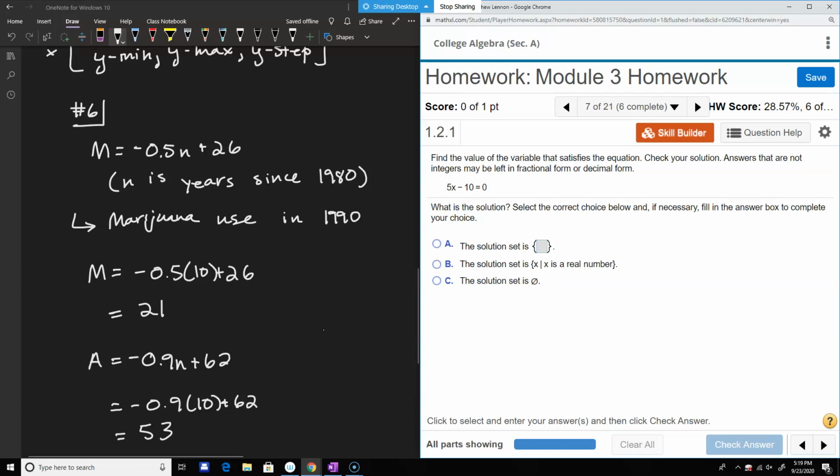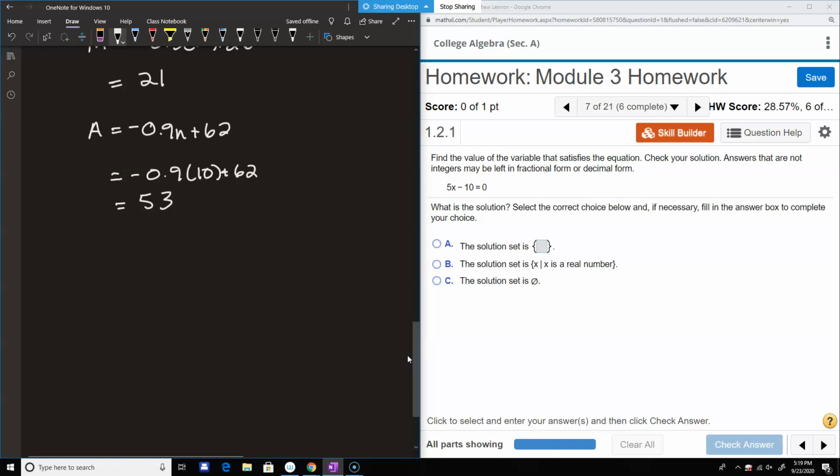Okay, so then we're solving linear equations. These are quite a bit easier than some of the other things we were doing, in my opinion, on the prerequisite material. Again, all you're trying to do is isolate the x term first and then divide by the appropriate number so that there's no number in front of x, right?